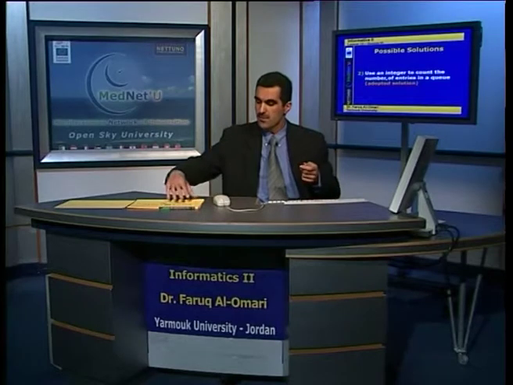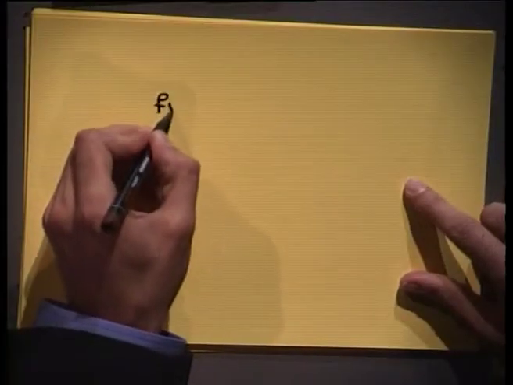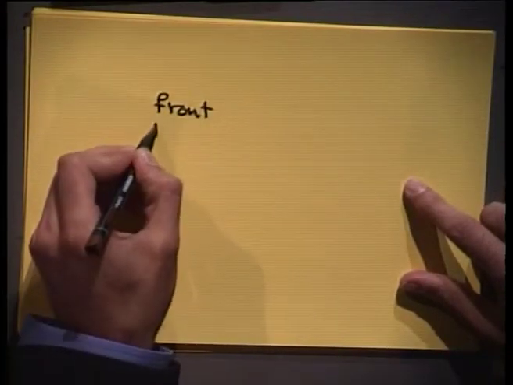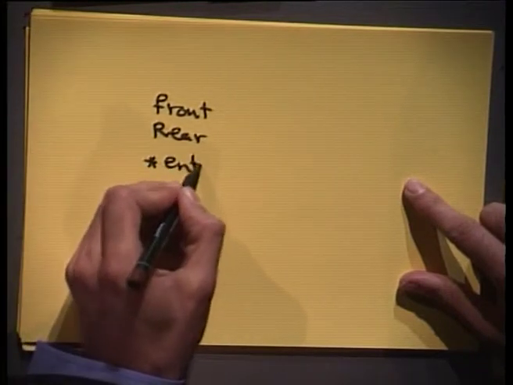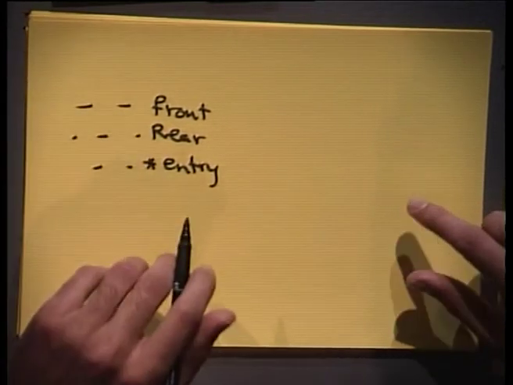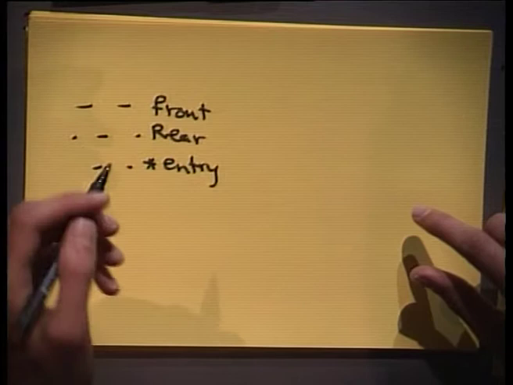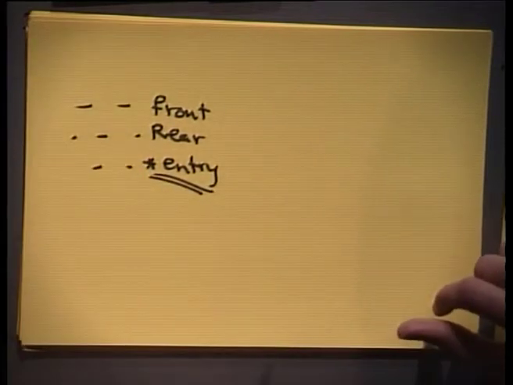In the structure we defined the other time, we said it's going to have basically 2 pointers, one called front and one called rear, and then a pointer to the entry. Of course, front and rear are integers because they're indices within an array, and entry contains the actual data the user is going to enter in the queue.